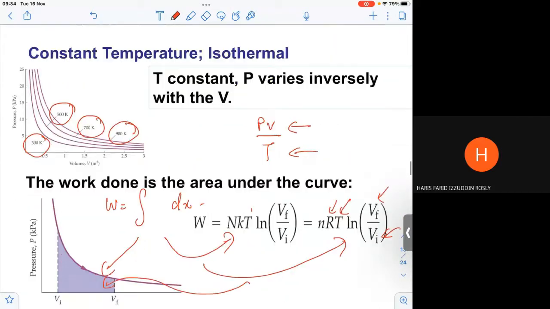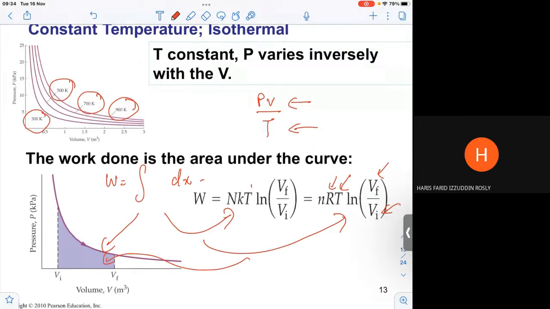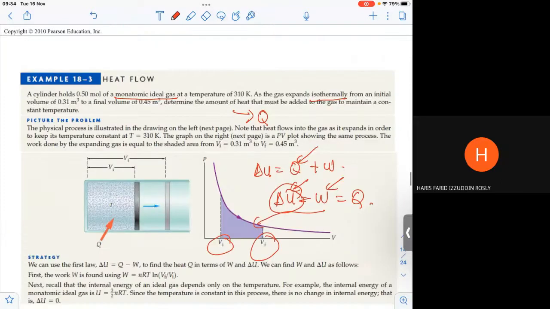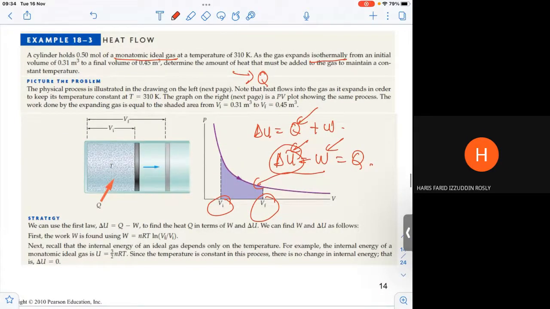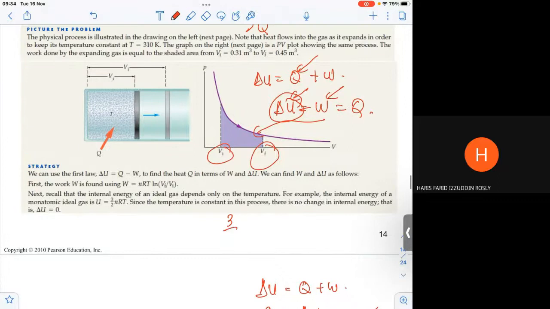In the constant temperature process, there will be W, but the temperature will be constant. Therefore, for a monoatomic ideal gas, delta U is 3/2 nR delta T, where delta T is the change in temperature. If it is isothermal, the change in temperature is zero, that means Tf minus Ti gives 0.